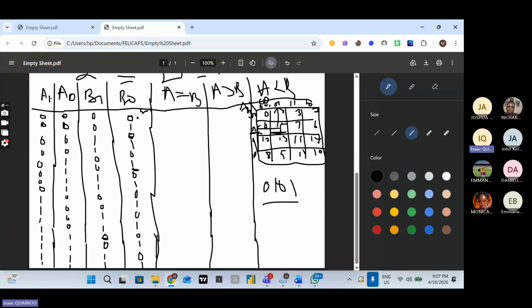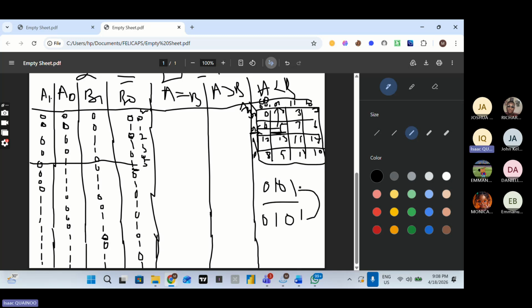This is min term 0, min term 1, 2, 3, 4, 5. Let's look at the corresponding cell address. This is the corresponding cell address. We have the row address. You can see that that is also 0, 1, 0, 1, right? Please, can we all see that?